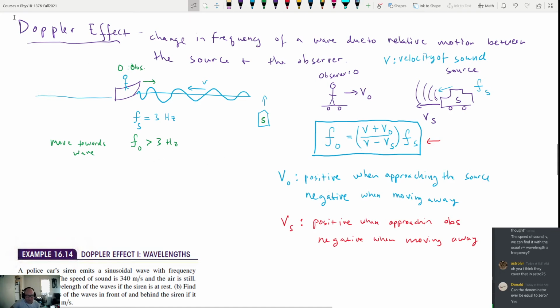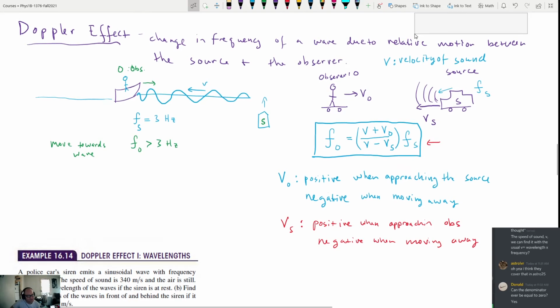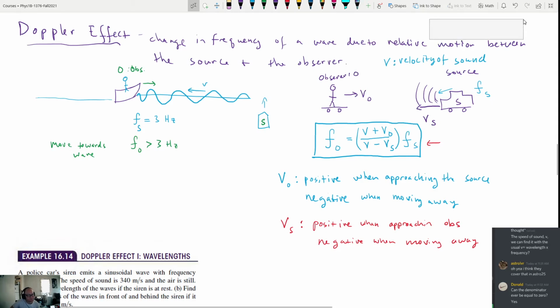Anyway, going back to Edwin Hubble. So I guess an example of that, Donald, would be, say you're sitting on the ground and a jet plane flies over your head and breaks the sound barrier, so it travels faster than the speed of sound.